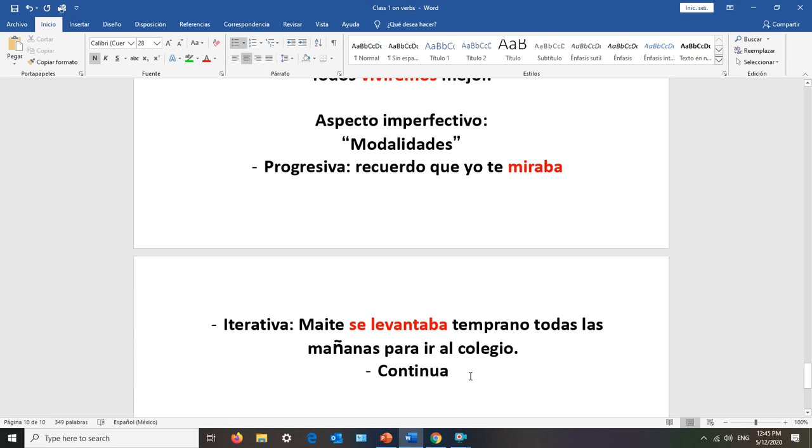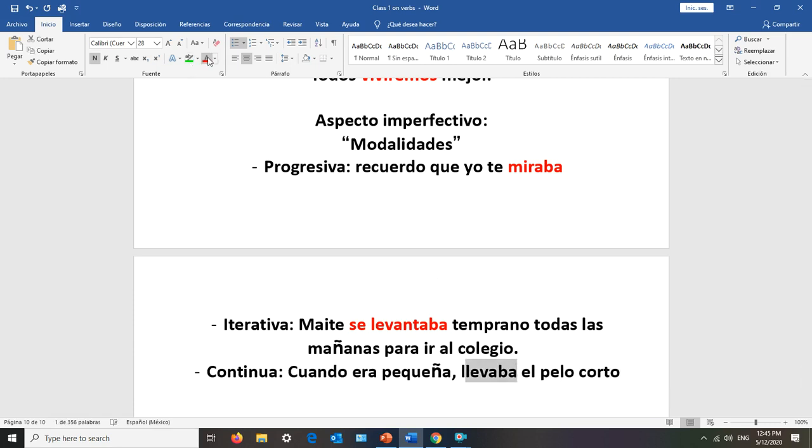And continua, an example sentence being, cuando era pequeña, llevaba el pelo corto. So llevaba here, an example form of aspecto imperfectivo, modalidad continua. Why? Because it makes reference to a state.